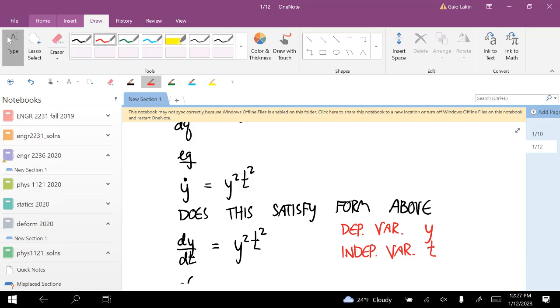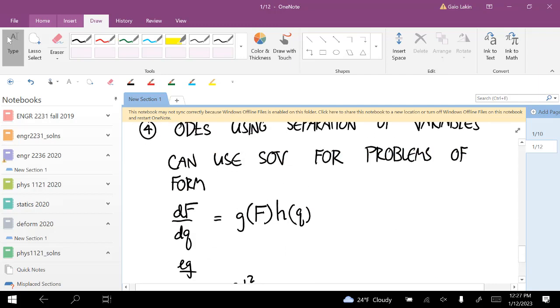In these differential equations, the thing that you're taking the derivative of is always the dependent variable, and the thing that you're taking the derivative with respect to is the independent variable. Okay, so like in this case, the dependent variable is capital F, and the independent variable is Q.